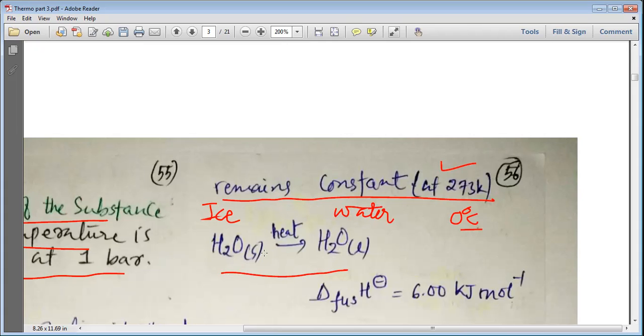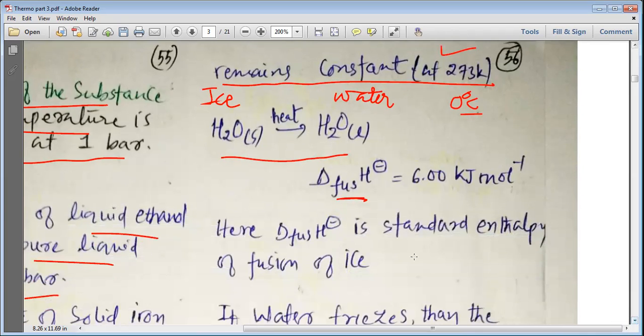Now at this time, the process is known as the fusion of ice or melting of ice, and we have the enthalpy change found for this reaction per mole. For 1 mole of ice that is converted into 1 mole of water, 6 kilojoule energy is being utilized.